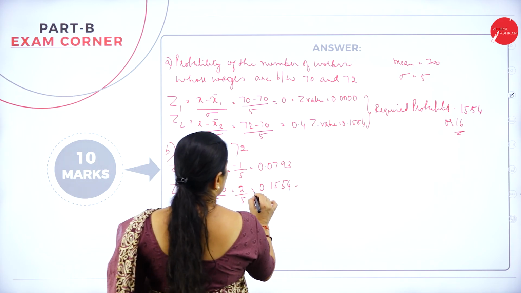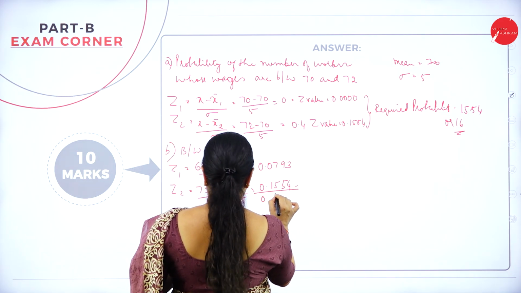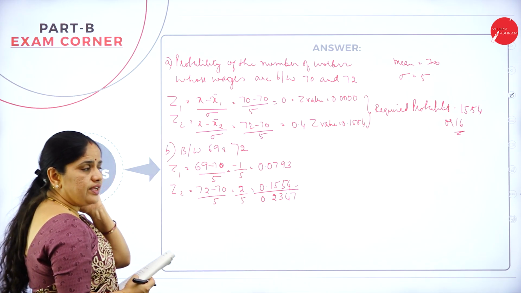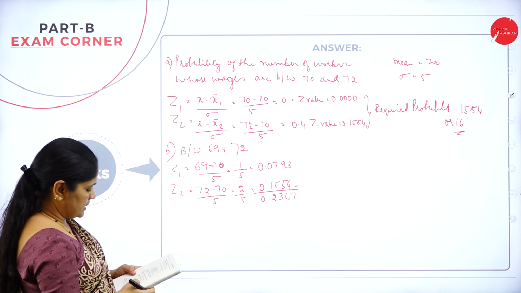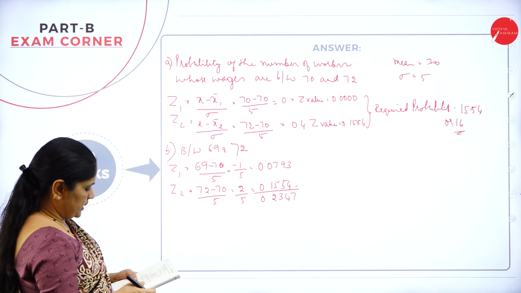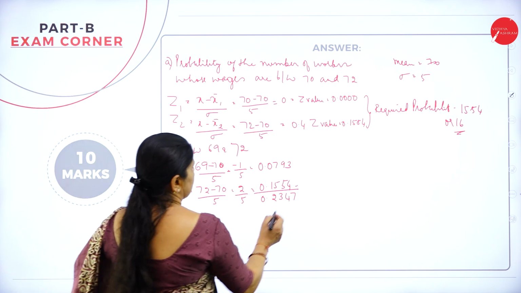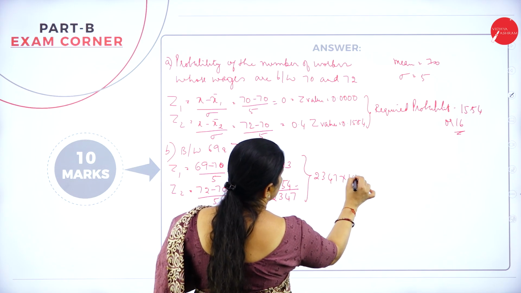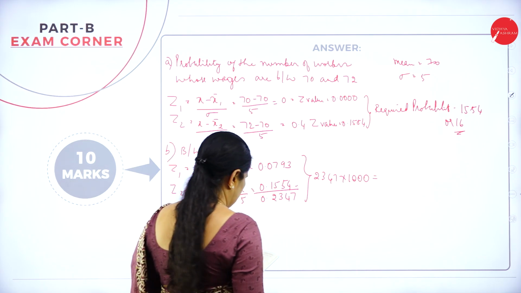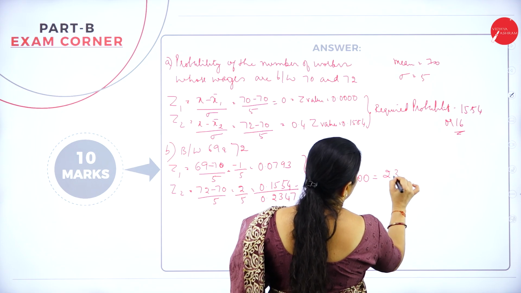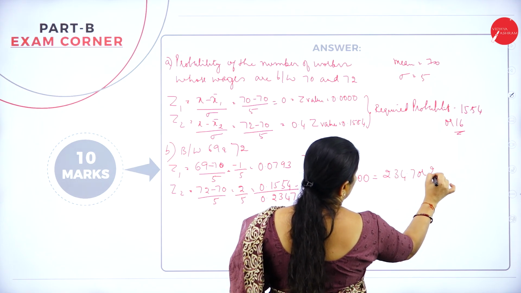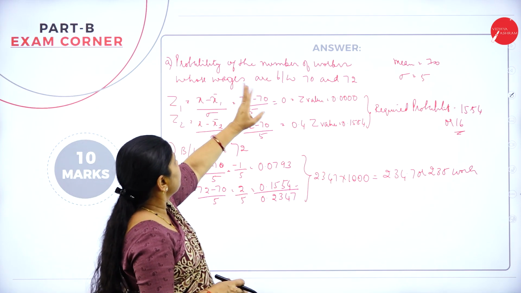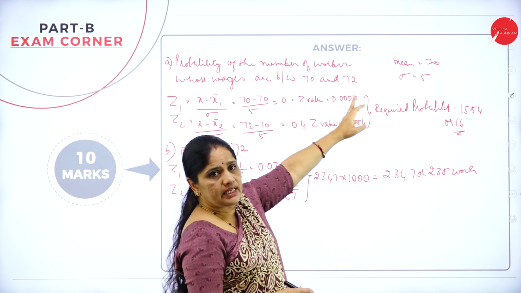So when we find the difference of this, it becomes 0.2347. Now in the same way we have to find further differences. So 0.2347 into 1000 workers, that will come up to 234.7 or 235 workers.